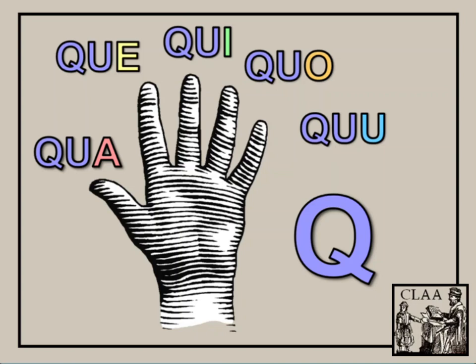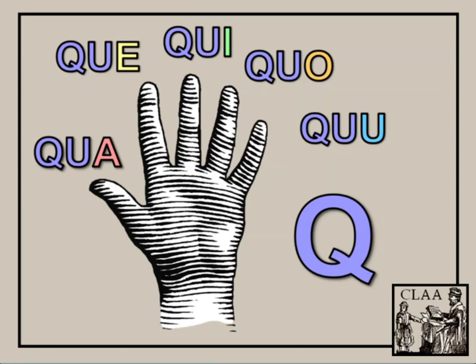You should have spelled ku, u, e, kue. And lastly, spell ku, ku. You should have spelled ku, u, u. That's the special syllable with the two u's.